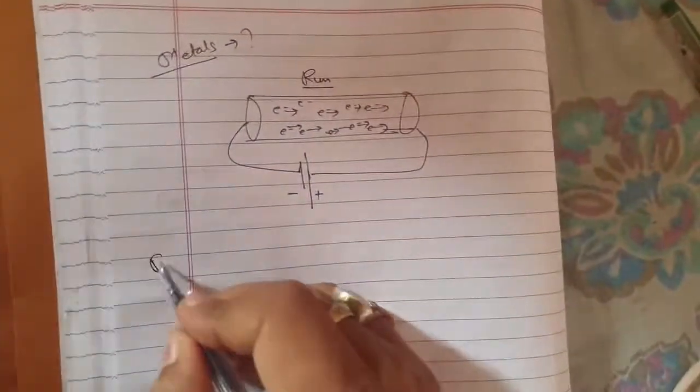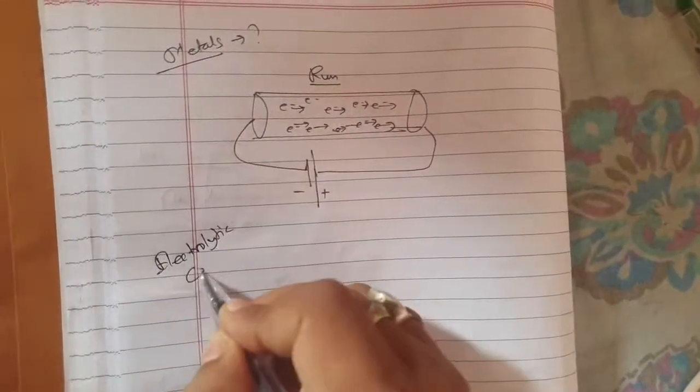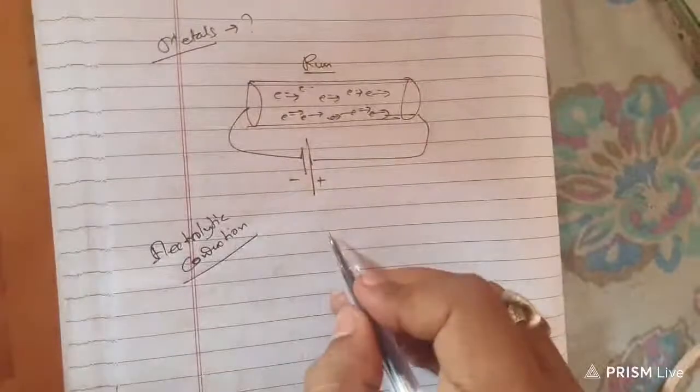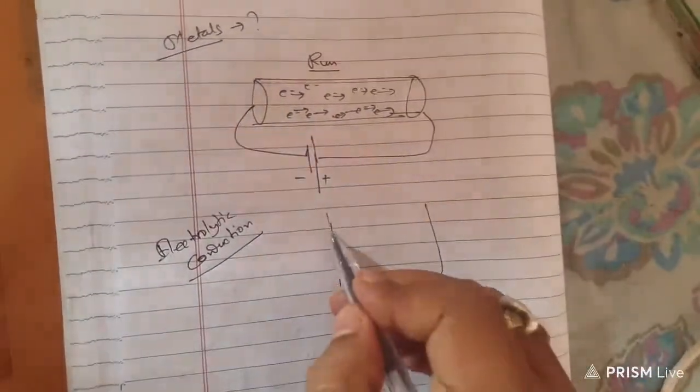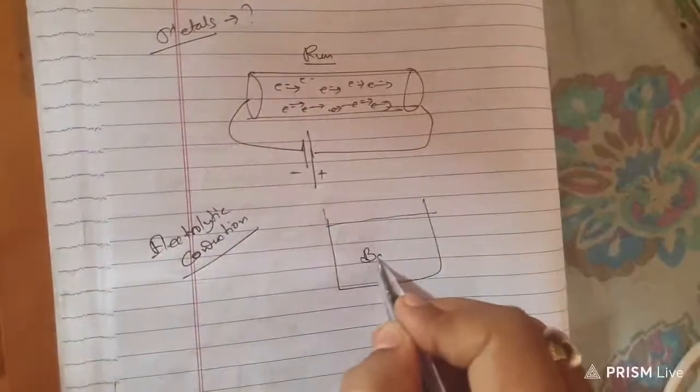But in electrolytes, this is what happens, in electrolytic conduction or conductivity by electrolytes. You take a solution, and in the solution you take an electrolyte. Suppose you take BaCl2.